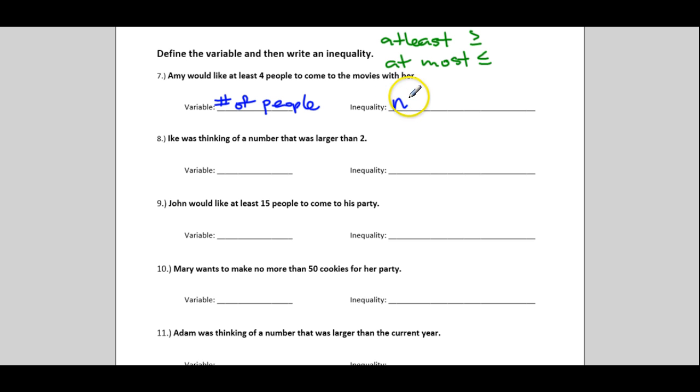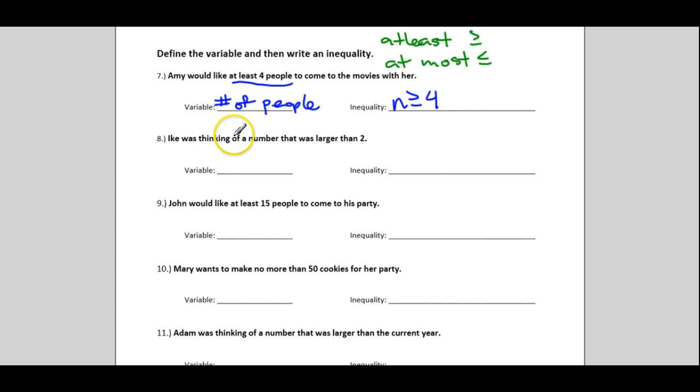This represents the number of people. She wants the number of people at the movies with her to be at least 4. That means we're going to use 4 as the number, but we want this to be at least 4. That means greater than or equal to 4. That means she wants 4, 5, 6, 7, 8, etc. Okay? All right. Do one more together.